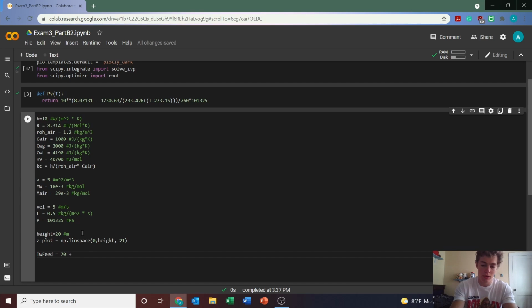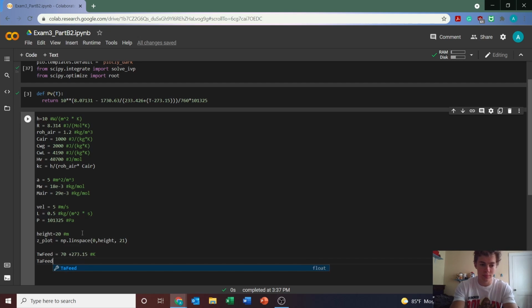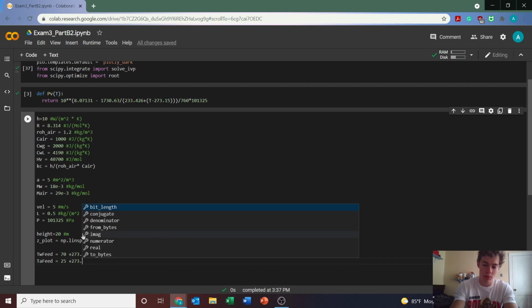We're going to add on 273.15, and that'll give us units of Kelvin. And then we have the temperature of our air feed, which was given to us as 25 degrees Celsius. So we're going to add on 273.15 in order to give us Kelvin.